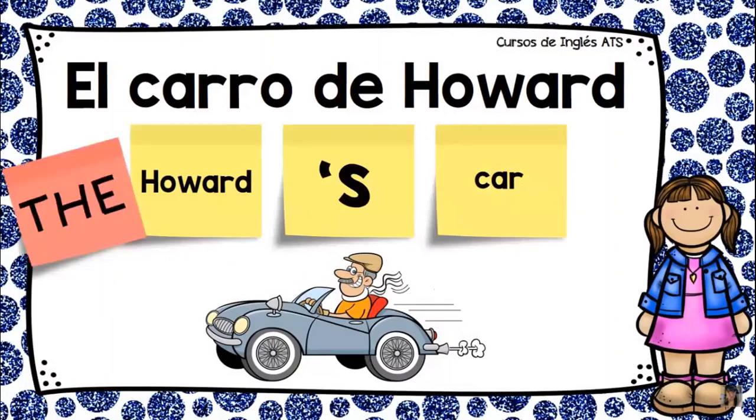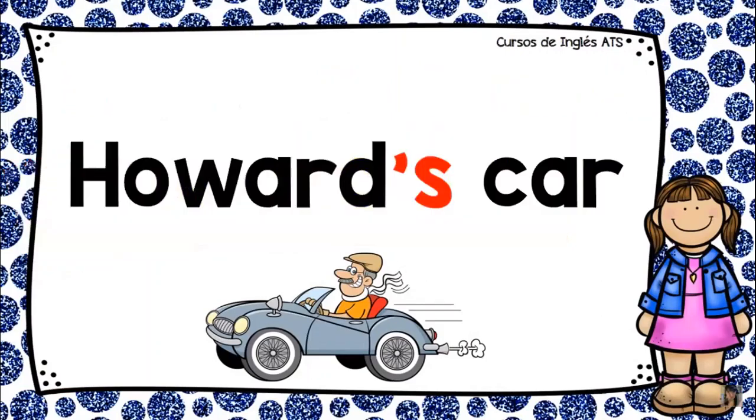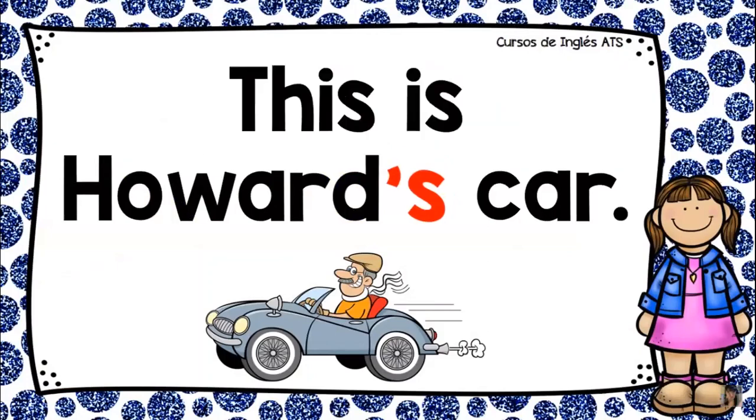De igual manera, podemos articular oraciones utilizando diferentes tiempos gramaticales. En este caso sería presente simple, presente continuo. Okay, so we're going to get some examples using the simple present and the present continuous. Okay, Howard's car, el carro de Howard, as a possessive for names.